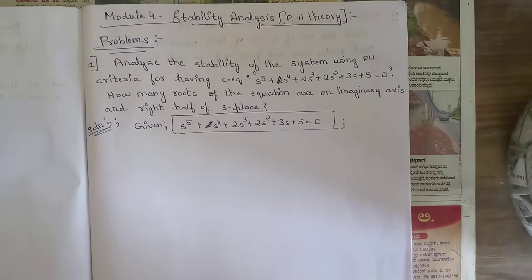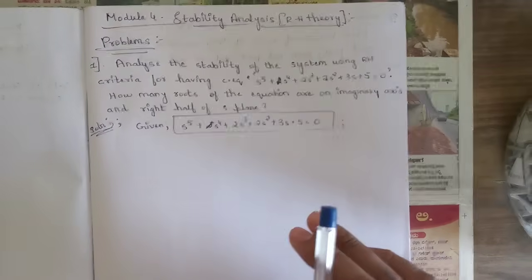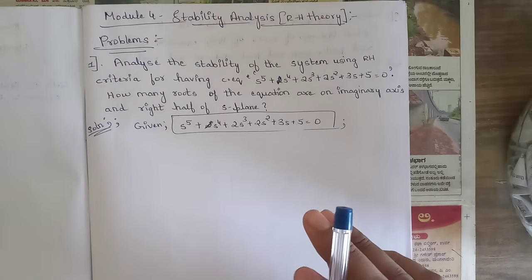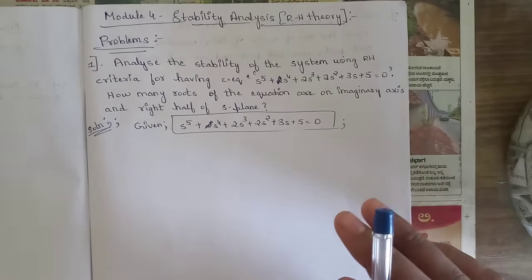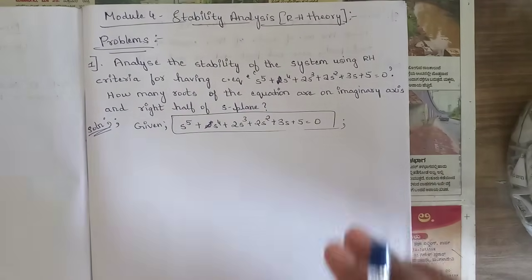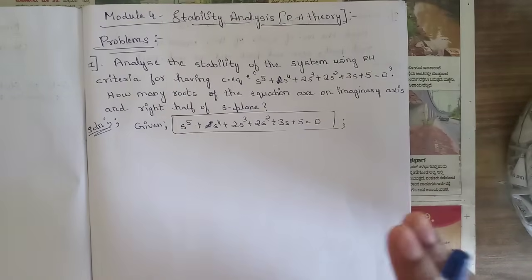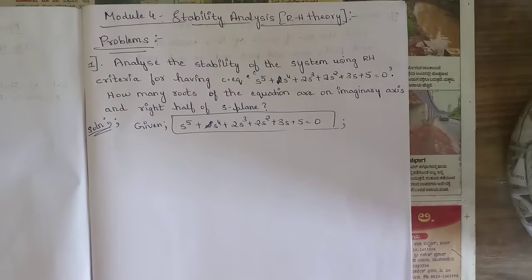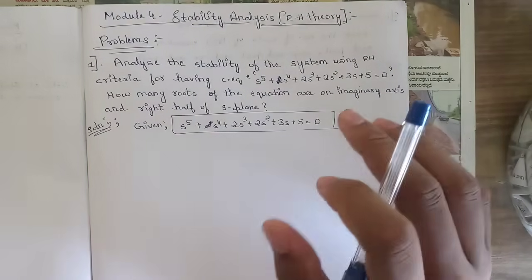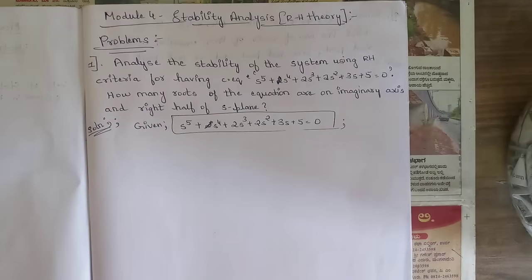That is not possible here since we are not getting any marginal values. We need to check if we get any row of zeros. If we get a row of zeros, there are chances that the system is marginally stable and the roots might be on the imaginary axis. That won't happen in this question, so we can directly conclude that there are no roots on the imaginary axis. Now let's solve this question.